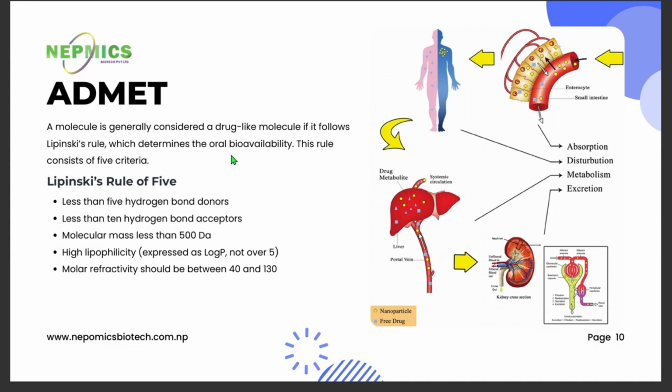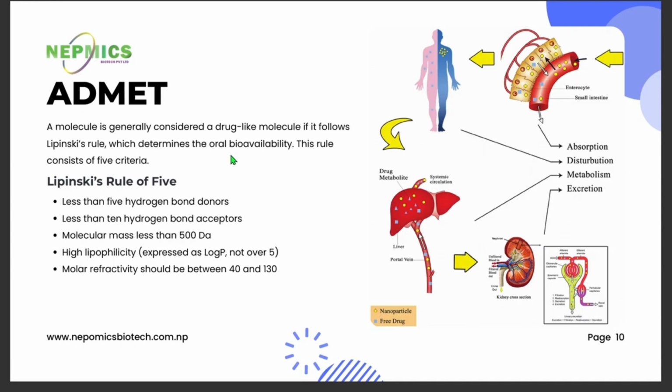Actually, ADMET parameters are analyzed for orally administered drugs only, because the FDA has said that oral administration is the best route for drug administration, and it is the most reliable, or most followed, method as well.